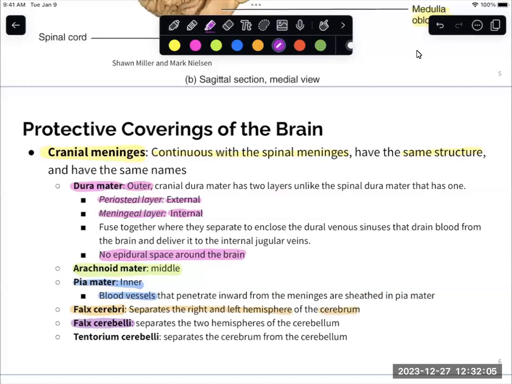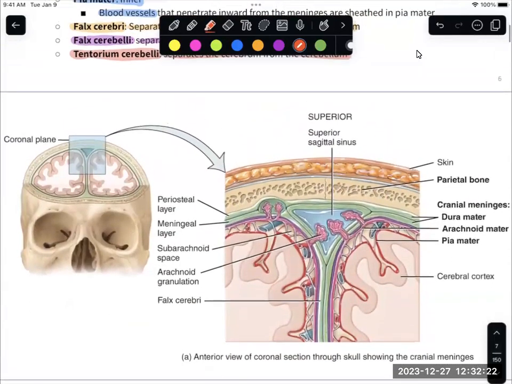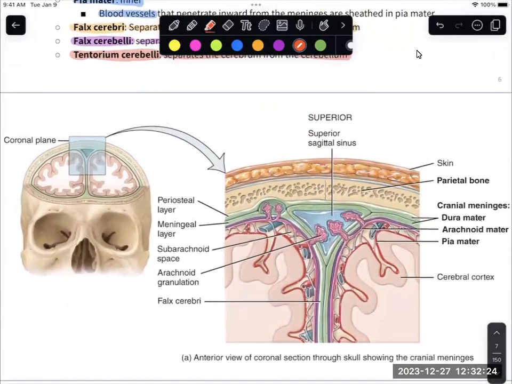Same idea. It separates the two hemispheres of the cerebellum. And then we have the tentorium cerebelli. It sits between the cerebrum and the cerebellum, and it's made of these meninges. So let's take a look. We can see the dura mater, those two layers of the dura mater.